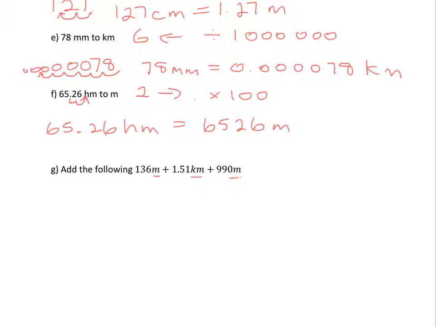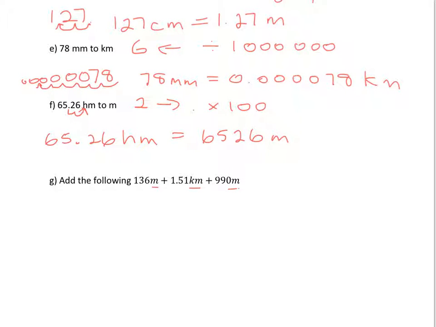So let's do this conversion now. So 1.5 kilometers, we're multiplying by 1,000 or moving the decimal place 3 spaces to the right, so that'll give us 1,510 meters.